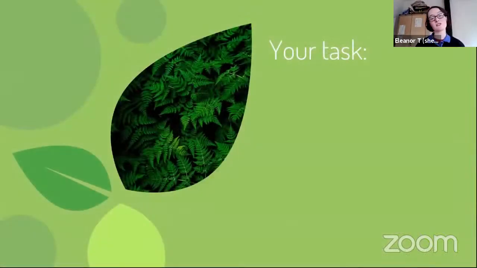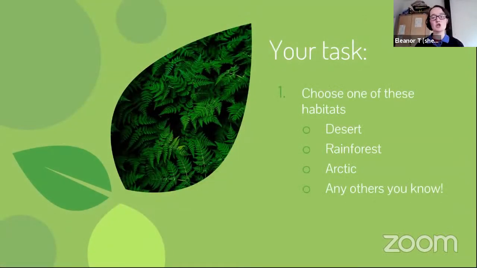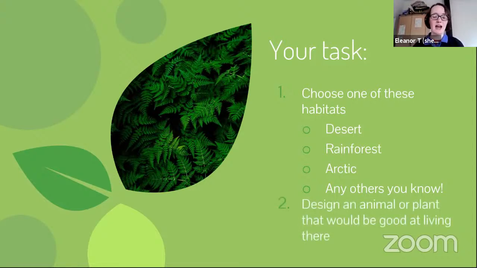So the task that I'm going to give you guys, choose one of these habitats. So the three that I would suggest are desert, rainforest, Arctic. You could pick anything that you know. And I want you to design an animal or a plant that would be good at living there. So the way I suggest you do this is start off by having a Google, see what animals live in that habitat.